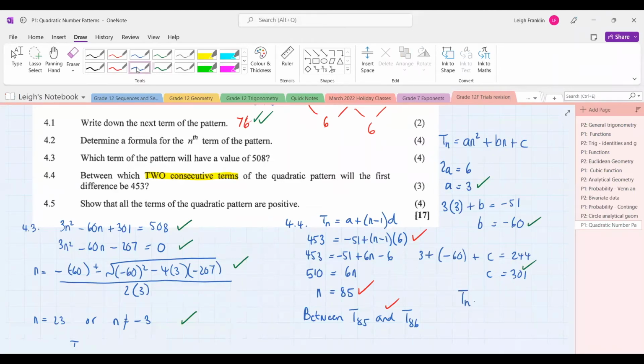So our nth term, if you guys recall, is 3n squared minus 60n plus 301. How could we use that to our advantage? Anybody got an idea?